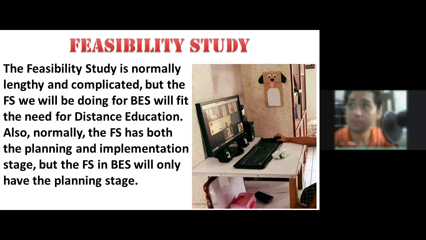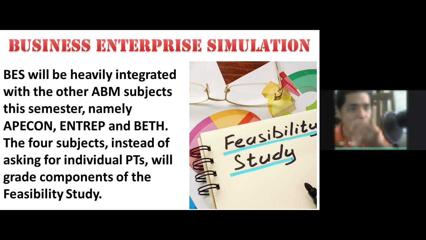So, next would be here. Something that you need to know for BES, because BES is your culminating subject for ABM, alright? It is heavily integrated with other ABM subjects, namely APECON, NTREP, and BEF. Because, as I said earlier, the FS is actually a paper.